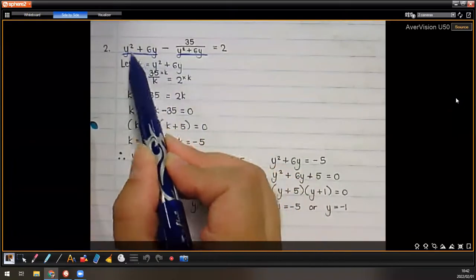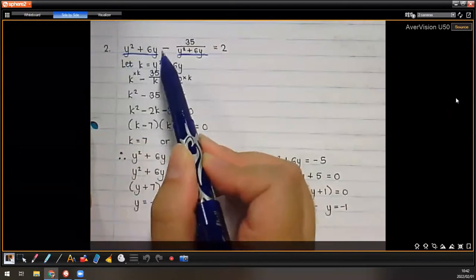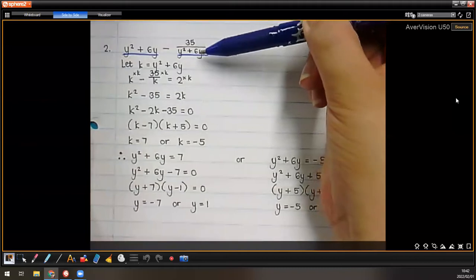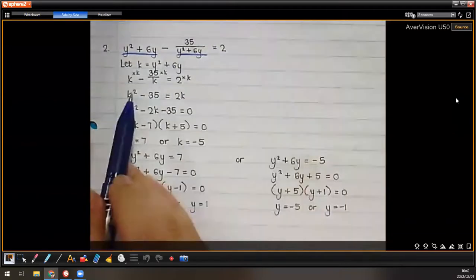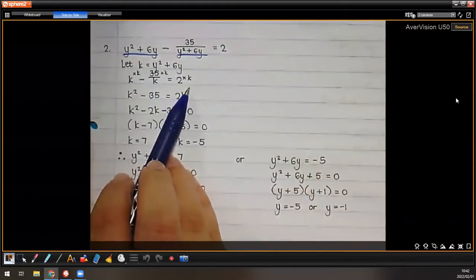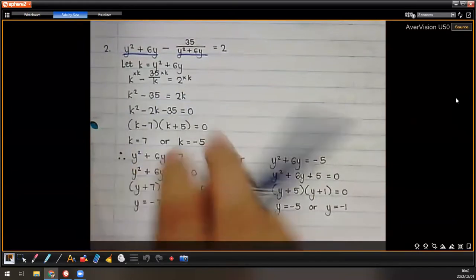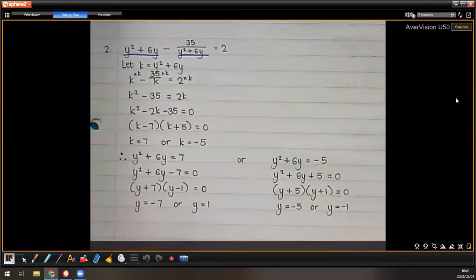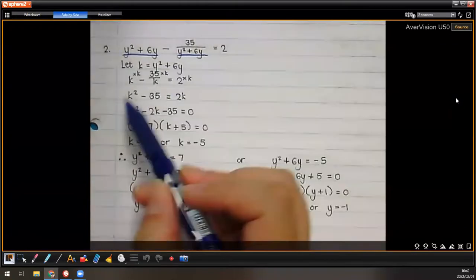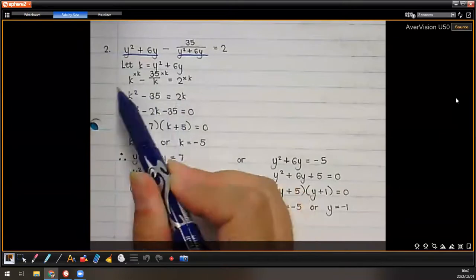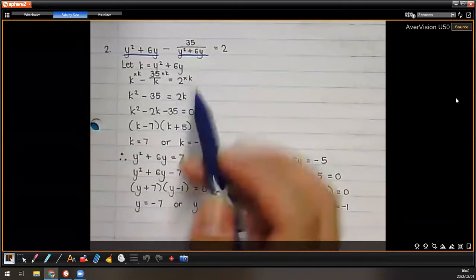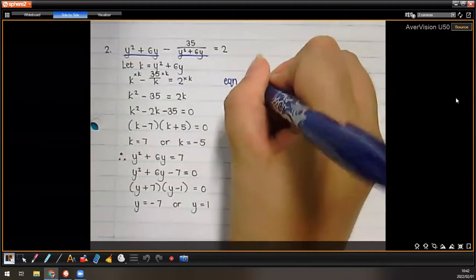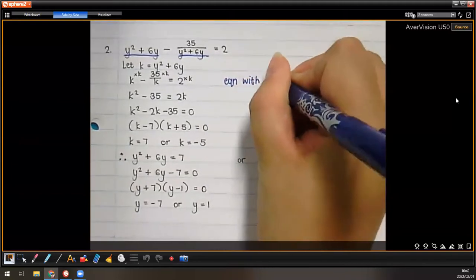So we have k minus 35 over that expression, so 35 over k, equals 2. Any questions on how I got to this line? I took the repeated expression, I made that equal to k. Then from there, we now have an equation with fractions.